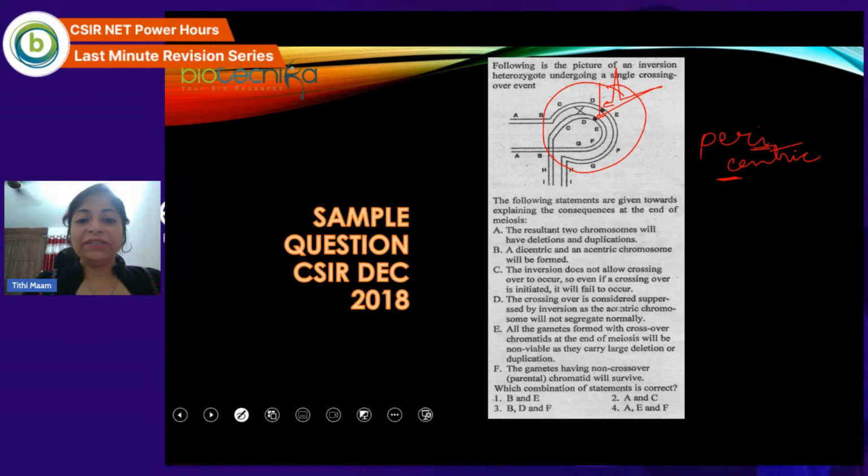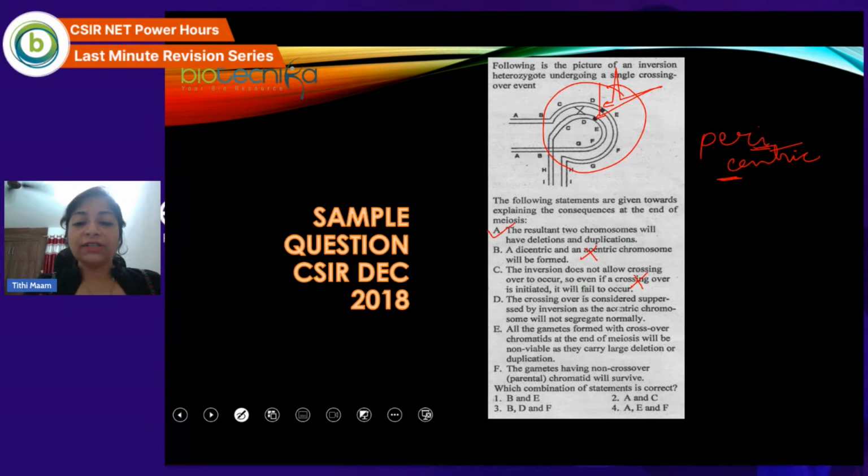Statement A says that the resultant two chromosomes will have deletion and duplication, correct. B says that dicentric and acentric chromatids won't be formed in pericentric inversion. C, the inversion does not allow crossing over to occur. This is wrong because crossing over becomes difficult, but it can still occur through the heterozygously inverted segment.